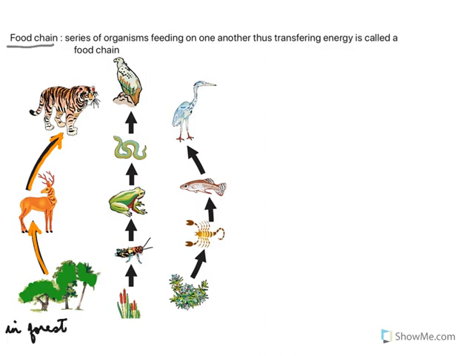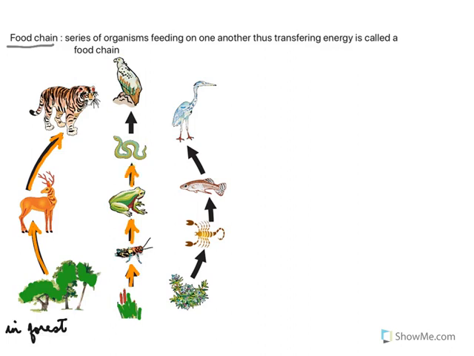Look at the next example. Here we have again plants which produce the food by capturing the energy from sunlight. This plant is then eaten maybe by a grasshopper. So the energy is now transferred to the grasshopper. The grasshopper is eaten by a frog, so the transfer of energy is into the frog.